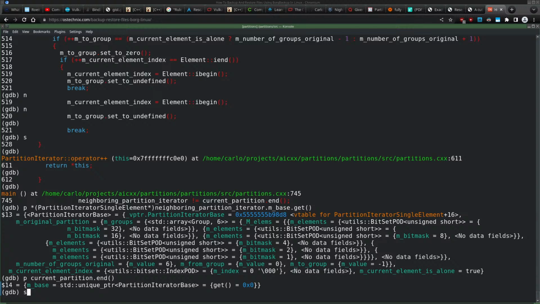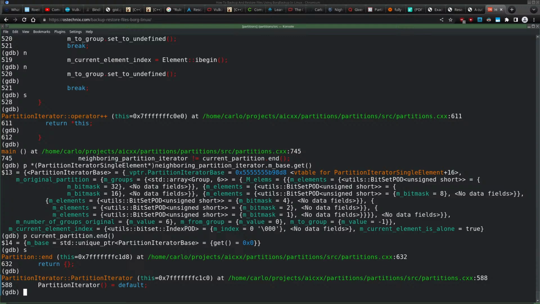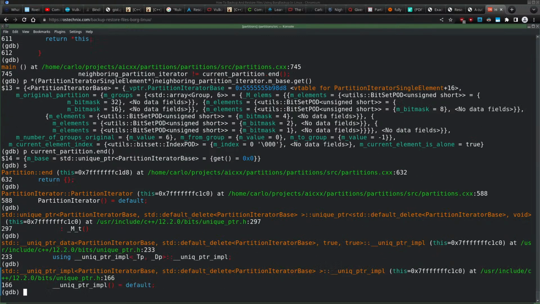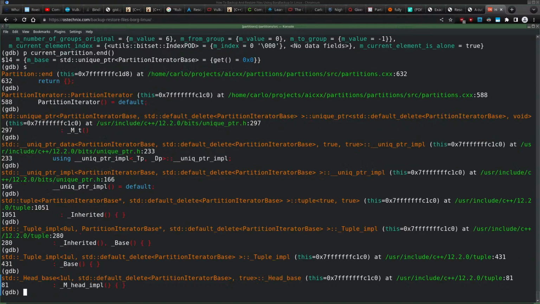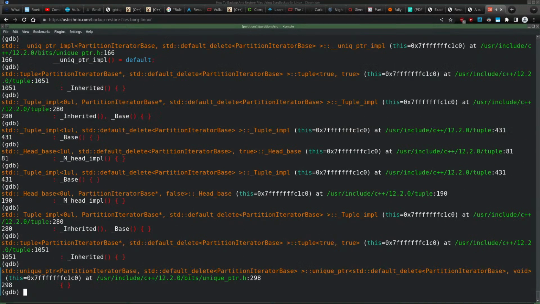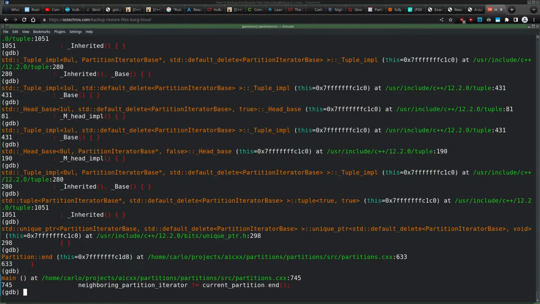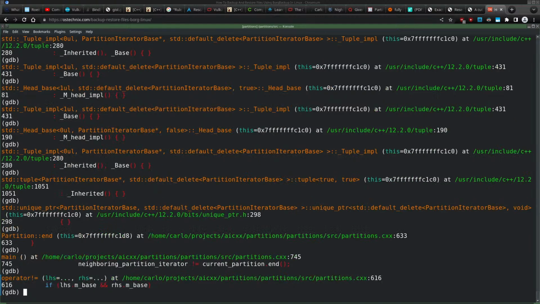Let's just do step here. I wish there was a step until I get into my own code again. Where are we now? We're back here. Now I want to go to, there we are, operator unequal.